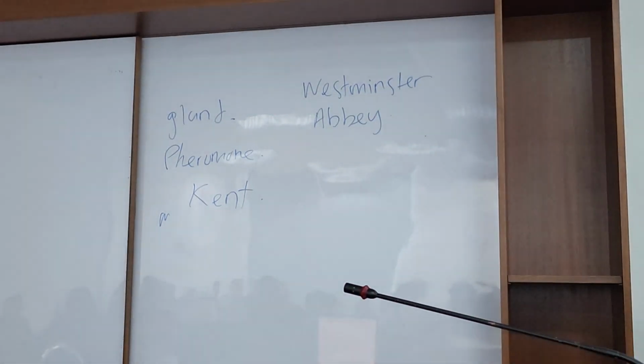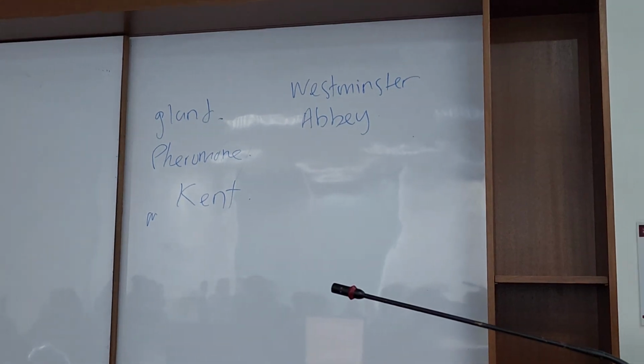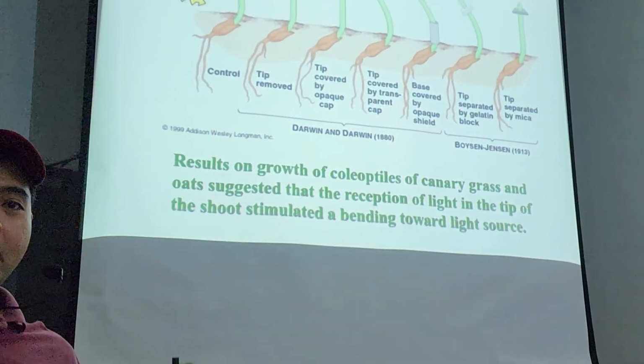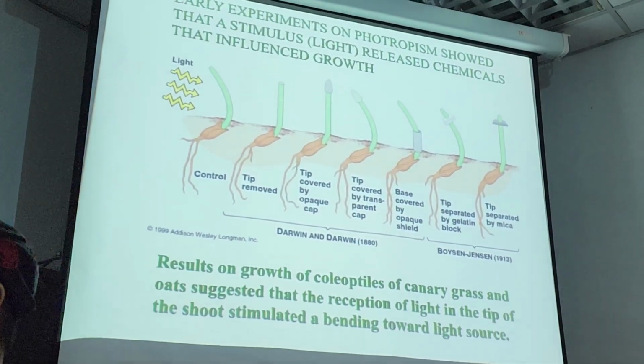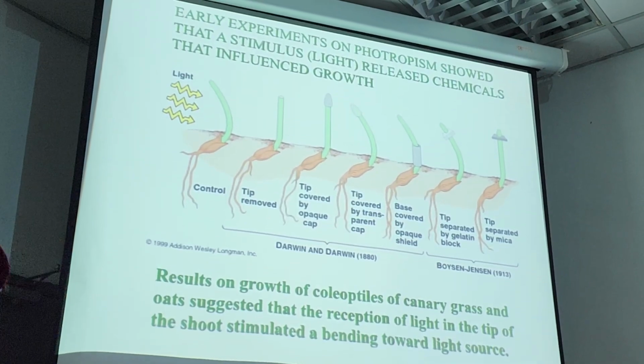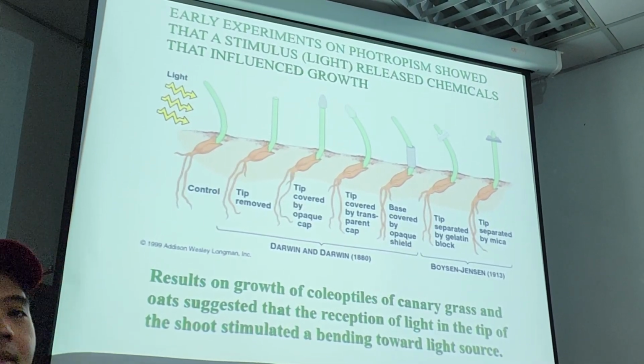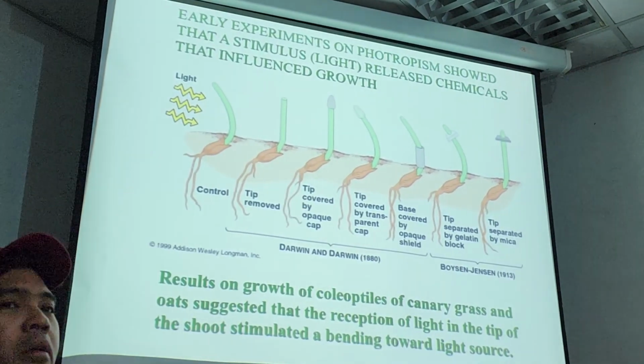Westminster Abbey. You know London has the clock, the Big Ben? Next to it is Westminster Abbey. Just beside it. Very close. It's like here, and then you go to the Dean's office.